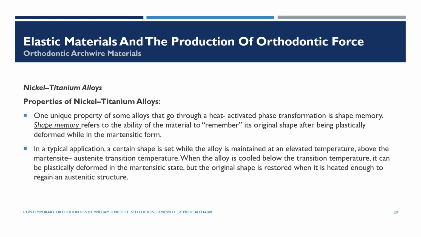When you set the wire at an elevated temperature above the transition temperature between the martensite and austenite, then you cool down the alloy below the transition temperature, then it can be plastically deformed in the martensitic stage. But the minute you raise the temperature again, the original shape will be restored, in other words, when it is heated enough to regain the austenitic structure.